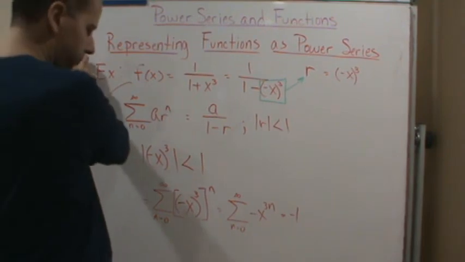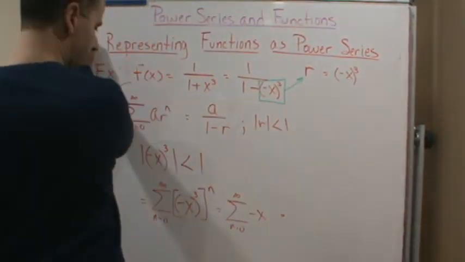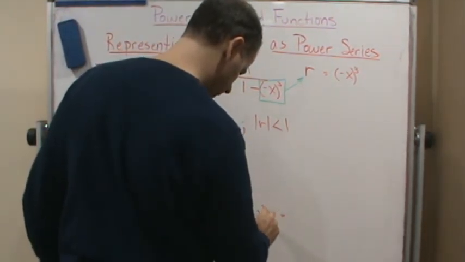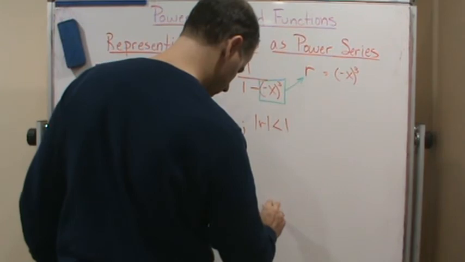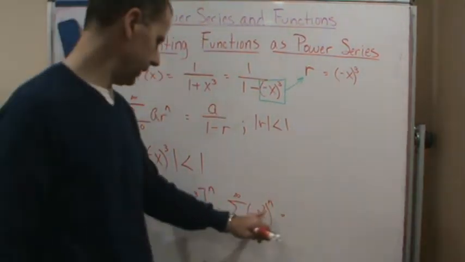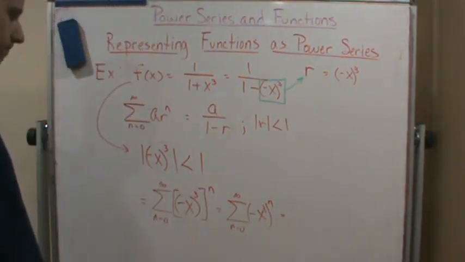Oh, no, positive 1. Actually, let me rewrite this, just to see it better. This will be 3 to the nth power. There you go. Because I forgot, this will be a negative 1 to the nth power. So it's an alternating series.